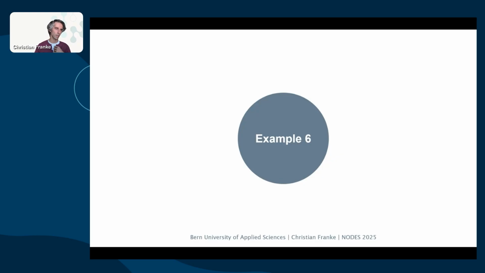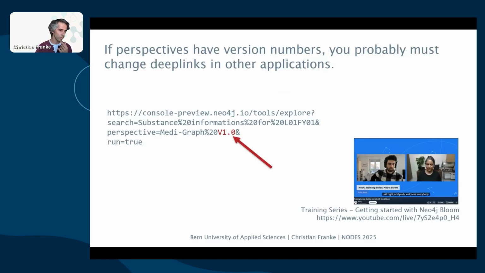Okay, last but not least, I have one thing also for Neo4j Bloom. By the way, I really recommend this training series. There you get nearly everything you need to know about Bloom or Explore. So if you're doing your Explore and Bloom saved Cypher queries, for example, and you create perspectives, and you're analyzing this and sharing this data, probably you want to use deep links to connect to your data from other applications.